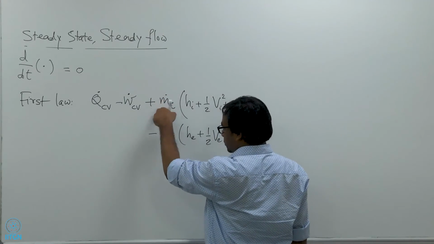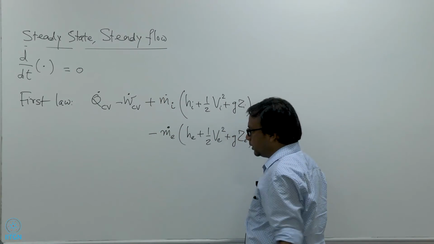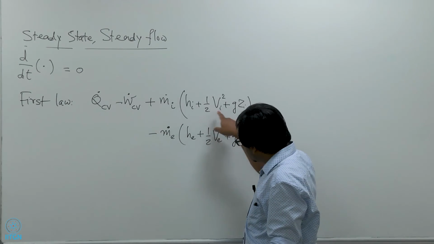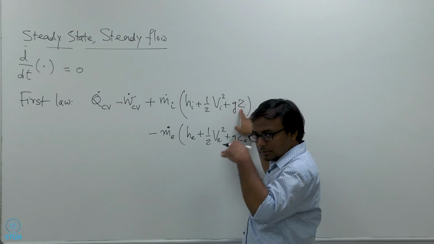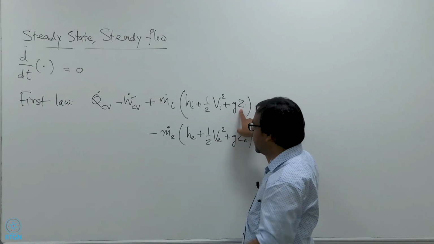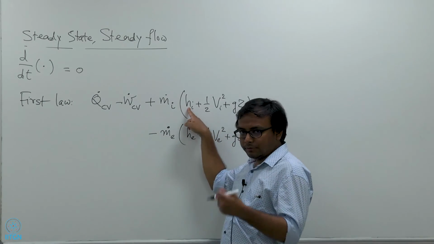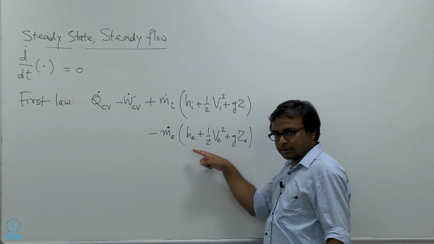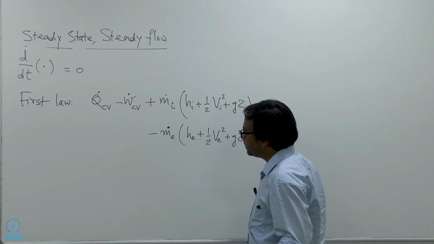In general, you can put a summation here if there are multiple inlets and multiple outlets. Again, recall that Vi is the velocity at the inlet, zi is the height of the inlet from some reference plane, and hi is the enthalpy of the fluid that is flowing in at the inlet. Same analogous definitions apply for the e subscripts as well.